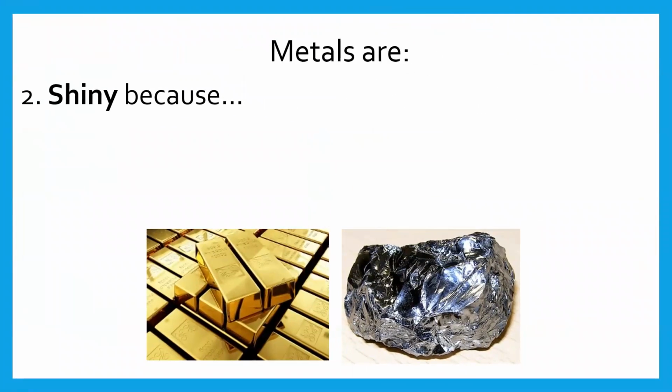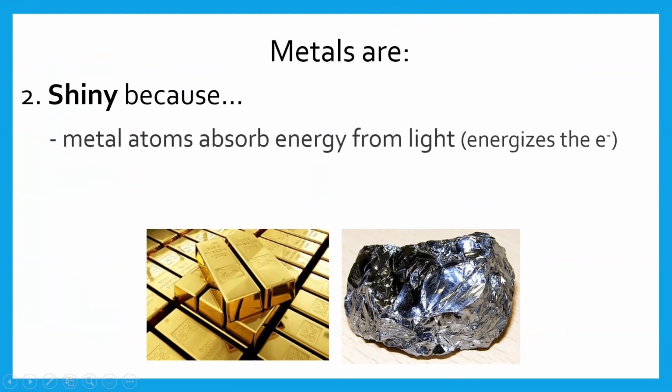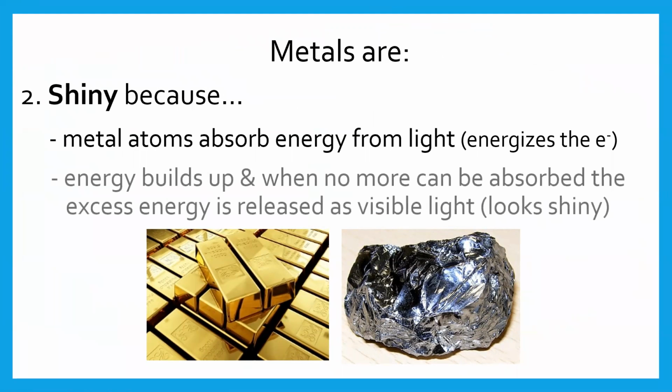So we're talking about similar or identical atoms. Okay, we also know that metals are shiny. They're lustrous. So gold, very shiny. This is zinc, very shiny. Why? It has everything to do with how the electrons take in energy. The atom absorbs energy from light. Light energizes the electrons.